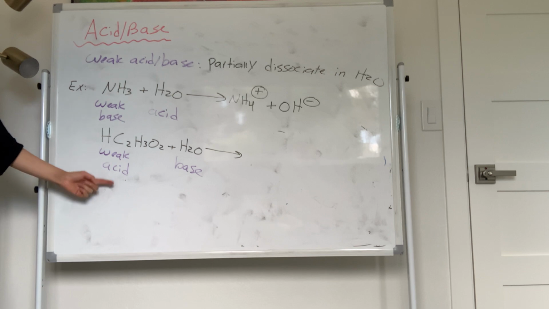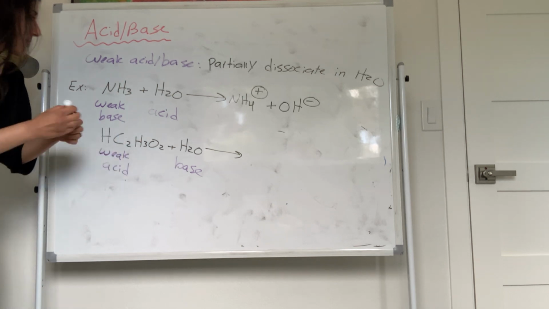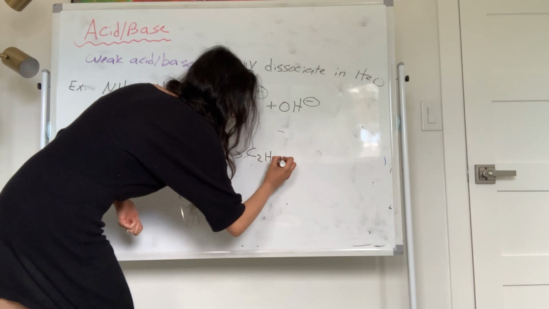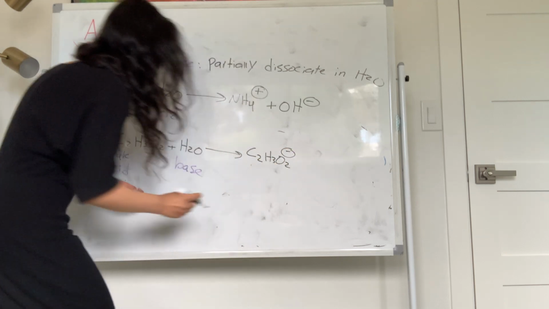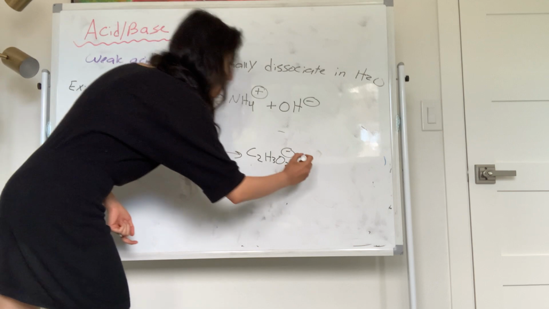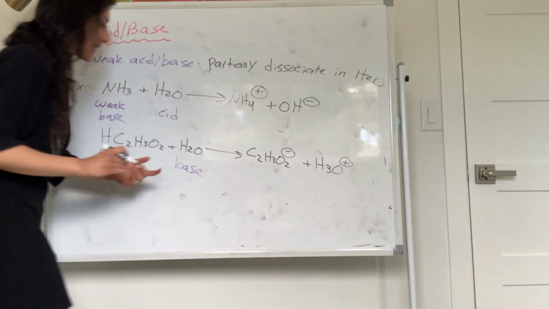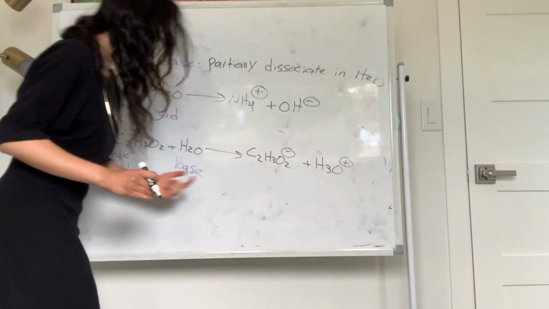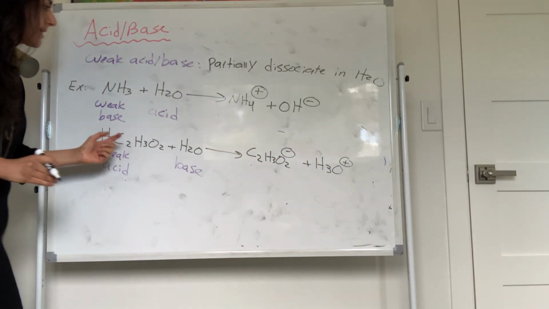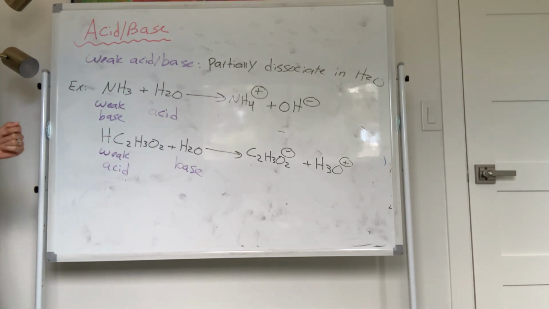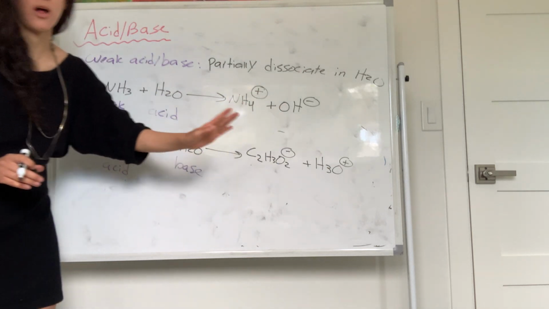So this one loses that, and I'm going to have acetate left. And this one is going to get the H plus, so I'm going to have hydronium. You get the H, now you're electron deficient. H plus, this is acetate. You lost the H plus, now you have acetate left. We're good so far. Neutral, neutral on both sides.